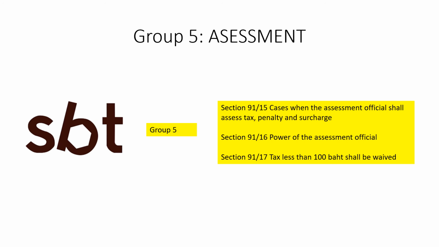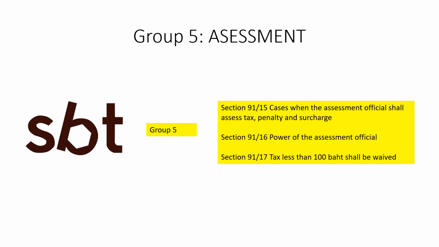So the provisions regarding the tax officer's assessment authority are provided in Group 5, from Section 91/15, Section 91/16, and Section 91/17.